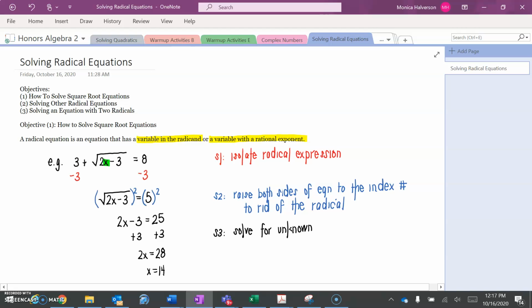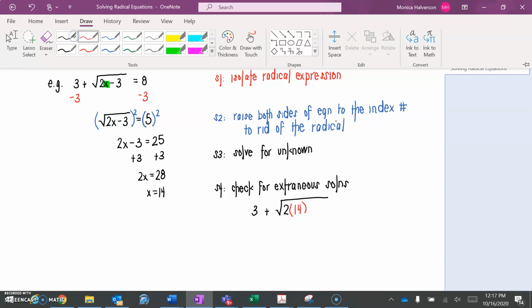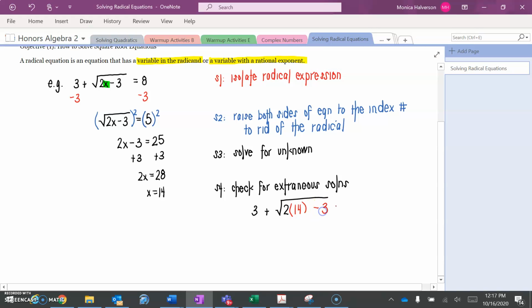Now, before you can say that that is absolutely the solution, you need to check for extraneous solutions. And we do that by plugging it back into the original equation. So 3 plus the square root of 2 times 14, because that's what we got as our solution, minus 3 equals 8.